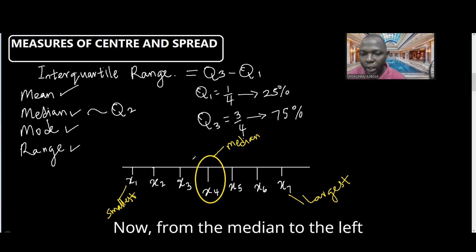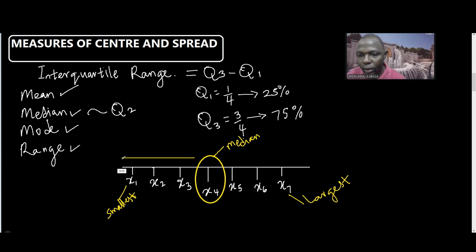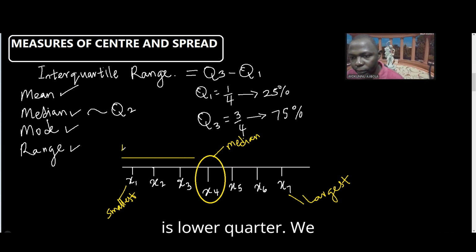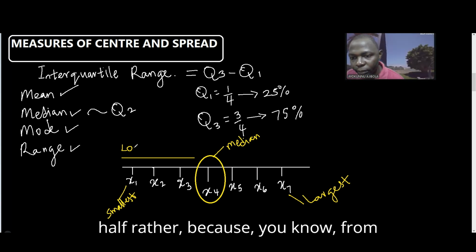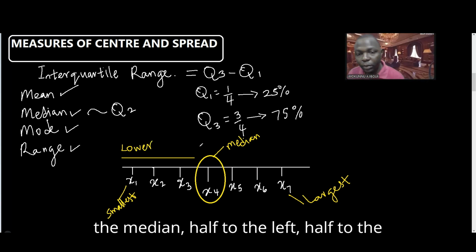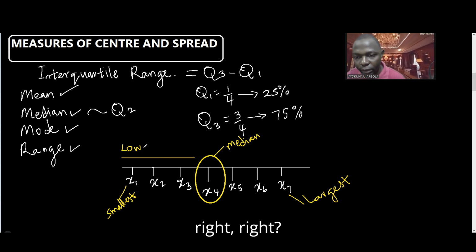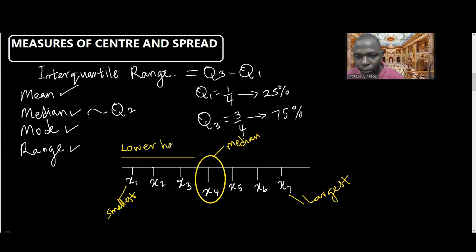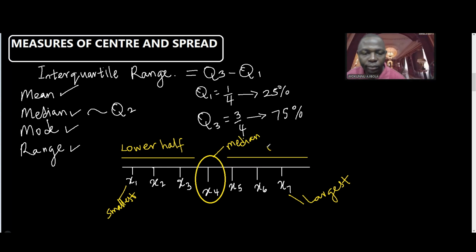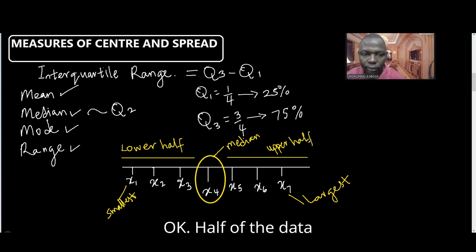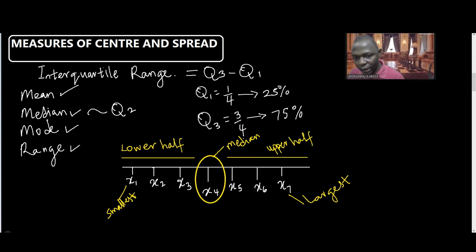Now, from the median to the left is the lower half, because from the median, half to the left, half to the right. Then we have the upper half, half of the data set, right?